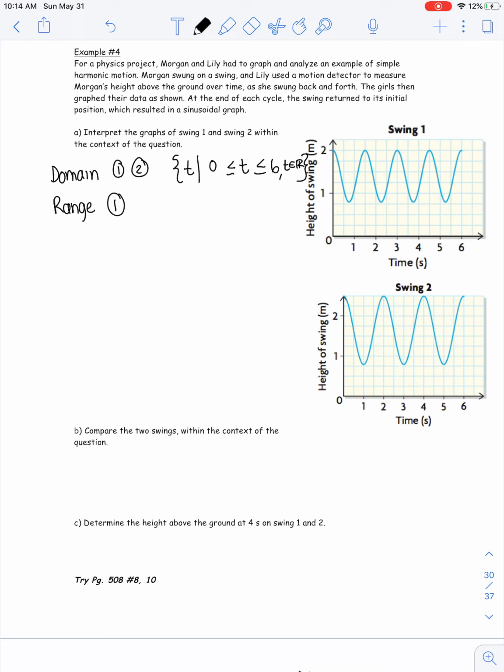So for swing number 1, the range will go from 0.75. We can say H for height. Up to, our maximum height is 2 for swing 1.